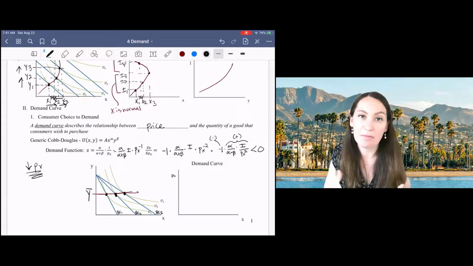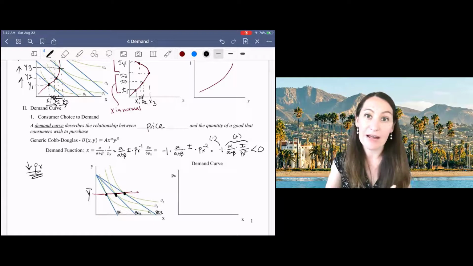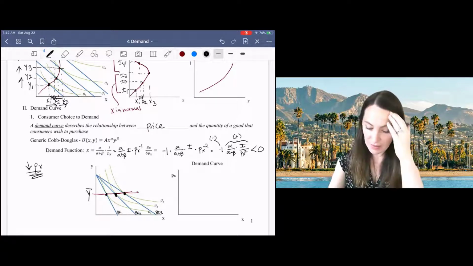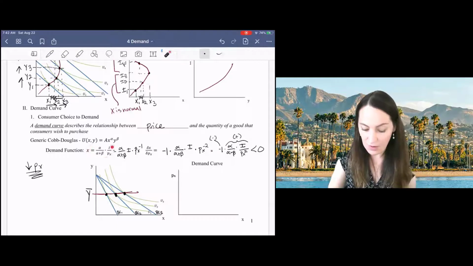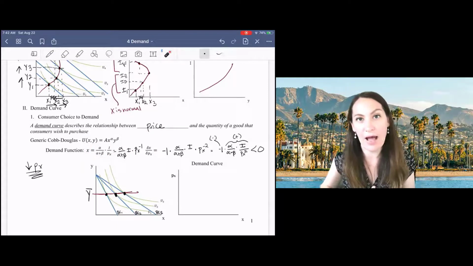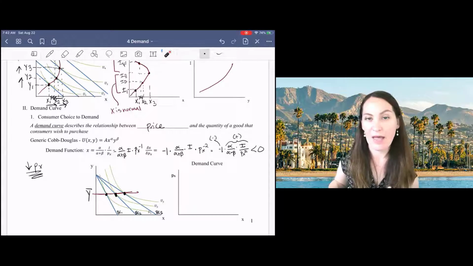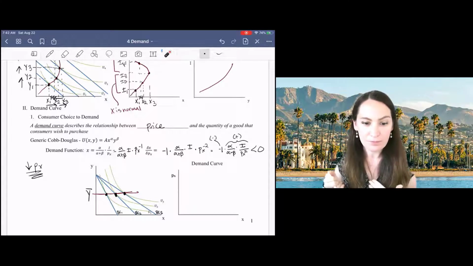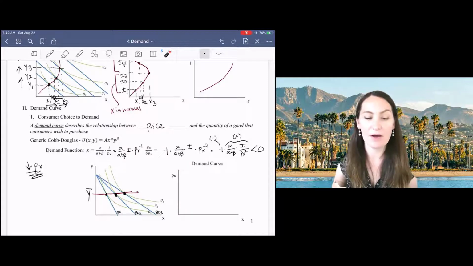And you can see that based on the Cobb-Douglas demand curves, right? The demand for X does not depend on PY. There's no PY in this equation, and likewise demand for Y does not depend on the price of X. So as the price of X changes here, my consumption of Y remains constant, and that's specific to Cobb-Douglas utility.